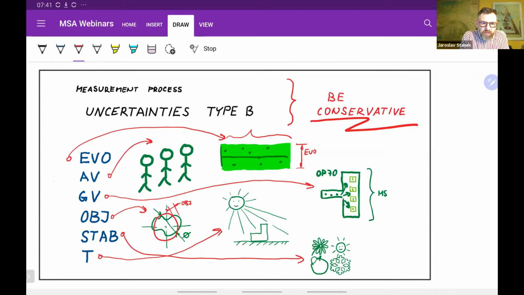But I will give you a little hint here. It all depends on which temperature changes. And there are three. The first one, of course, is the measured object. The second one is the measuring device.